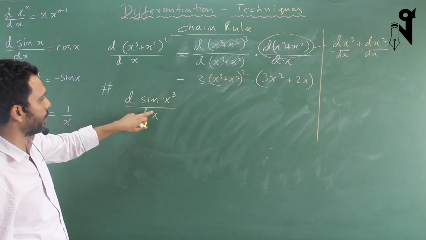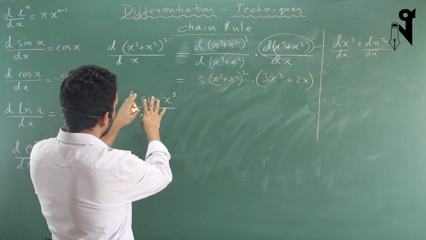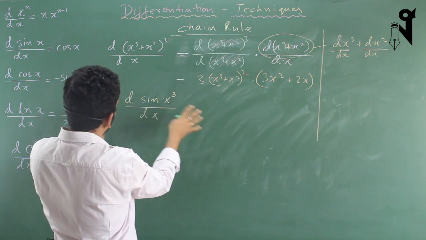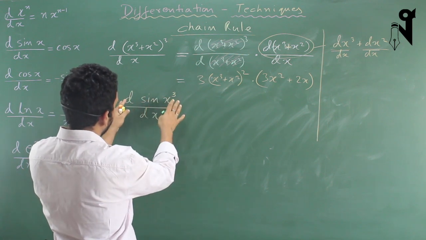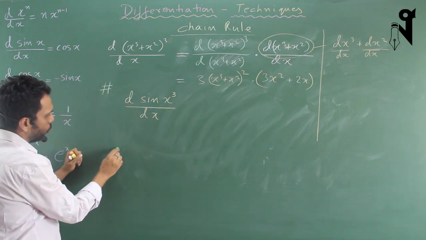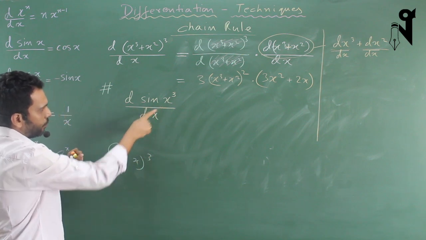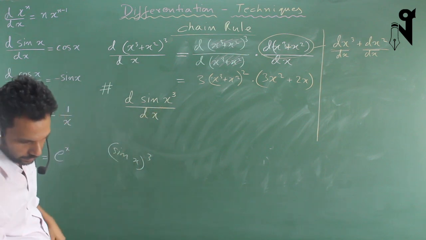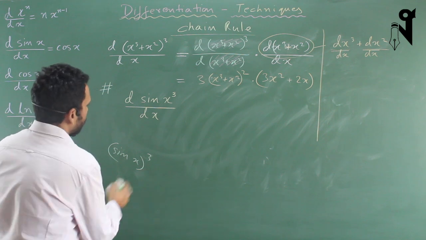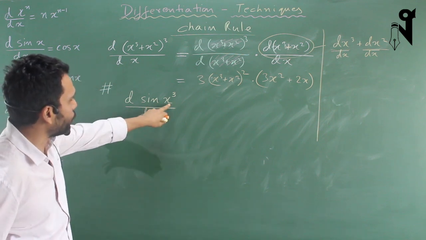How do I go about it? What is the function? Let me read the function. First of all, is it a cube of something? No, it is not. I hope you know how it works. If I have to say sin x whole cube, that's quite different from there. Now this is a cube of something, right? So what is this guy? It is a sine of something.